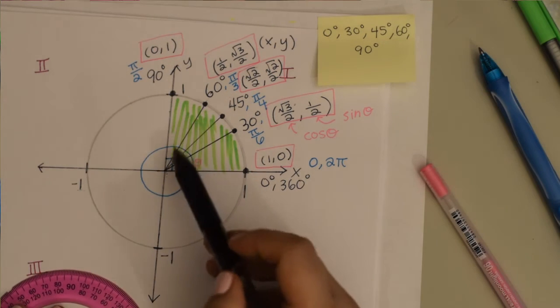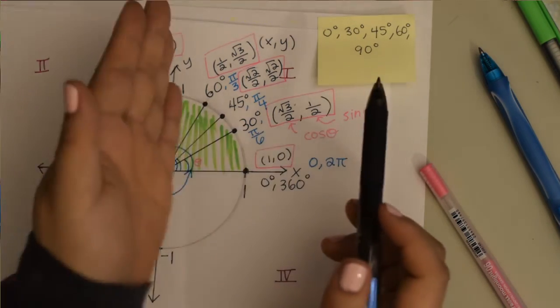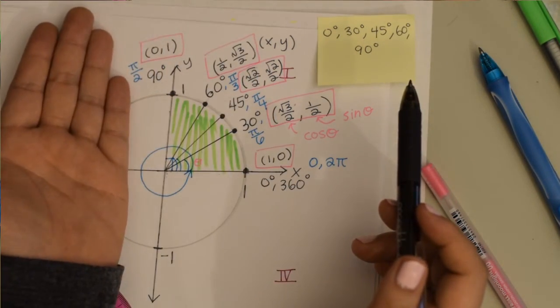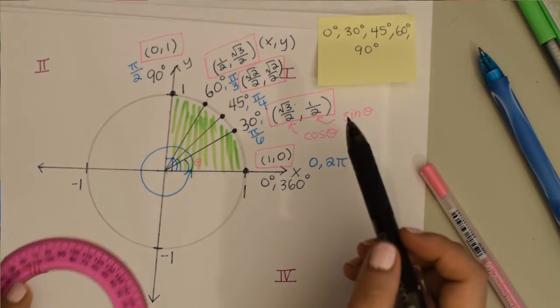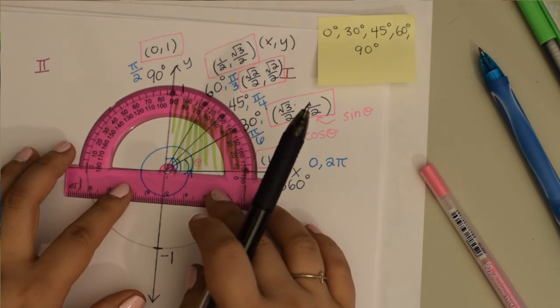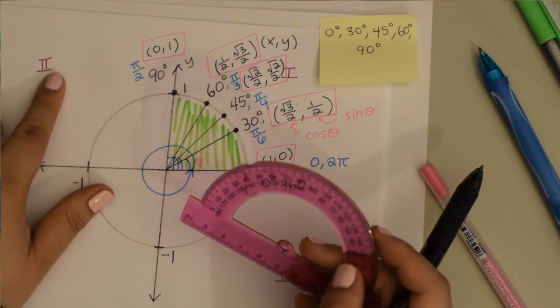So what we can do is basically mirror this over here. So with symmetry, I'm going to flip this whole thing over onto this side, like this. But since I want to stay accurate here, I'm still going to use my protractor for quadrant 2.